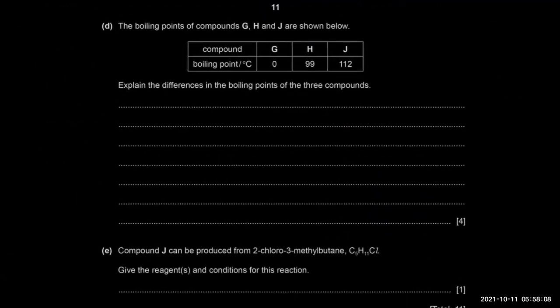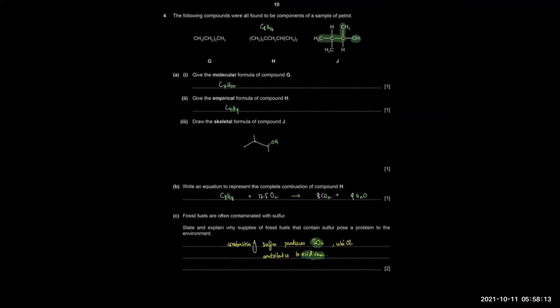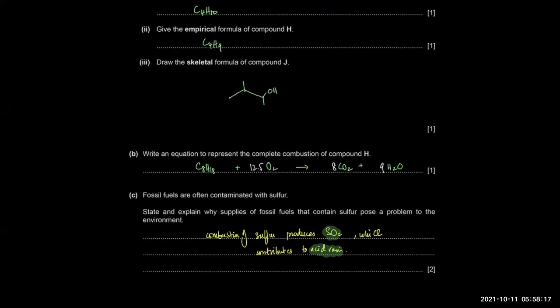Why does it say we combust fossil fuel? That's a good question, Mohammed. What's in the name of the word fossil fuel? What's the second word in the name fossil fuel? Fuel, right? What do we do with fuel?